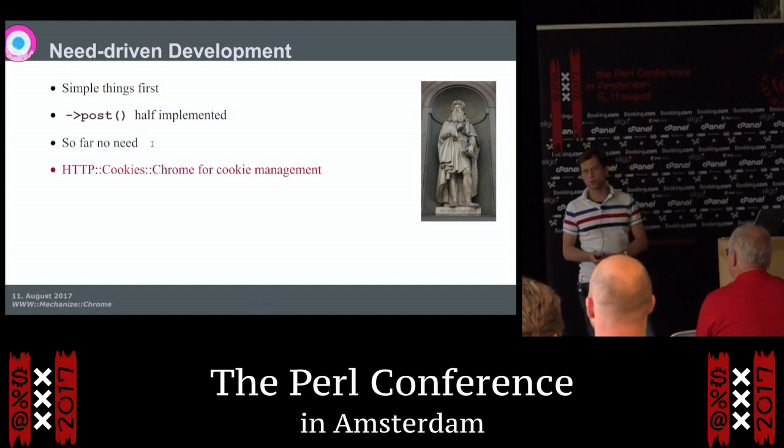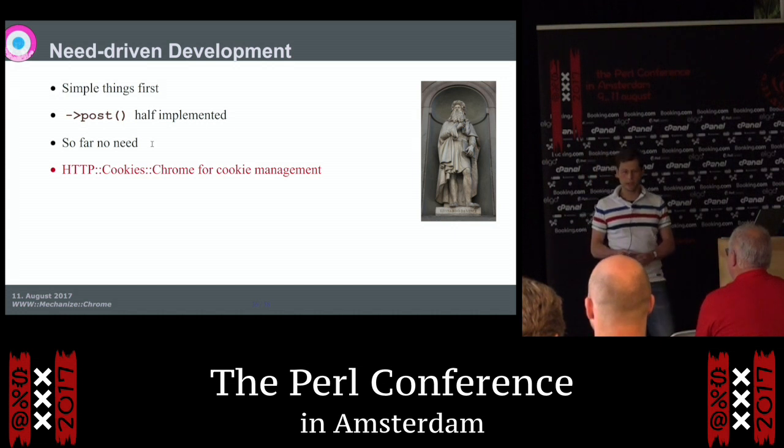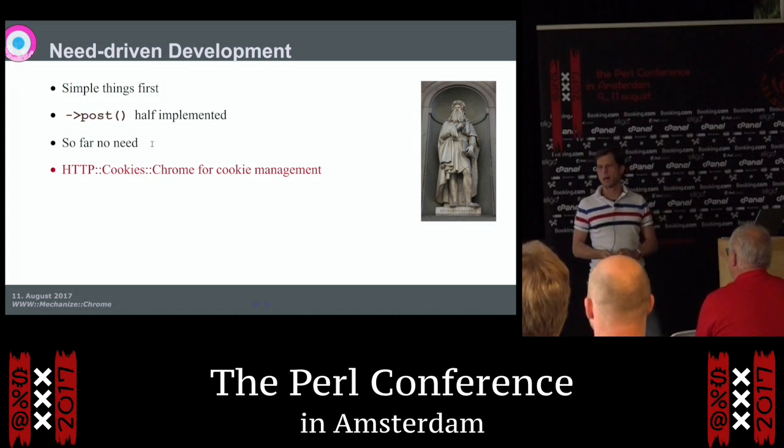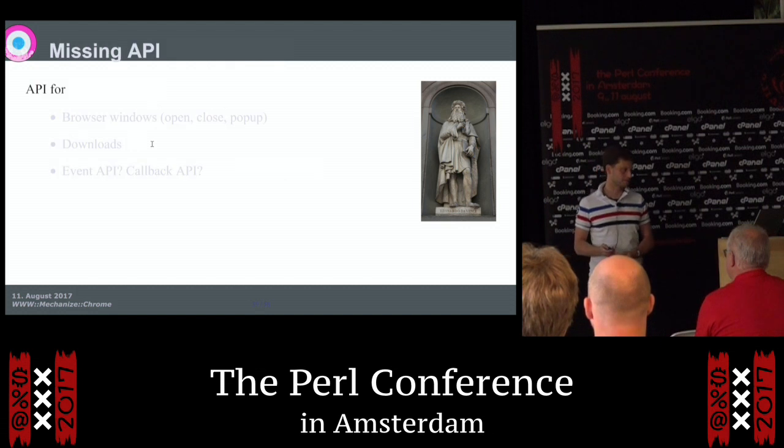Also, for cookie management, there is very basic cookie management, but a real HTTP cookies module with the usual HTTP cookies API is also still needed. I just didn't get to it yet.